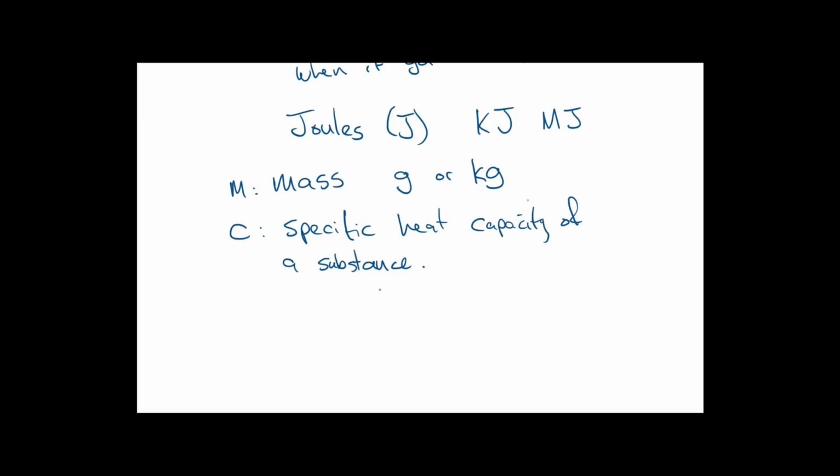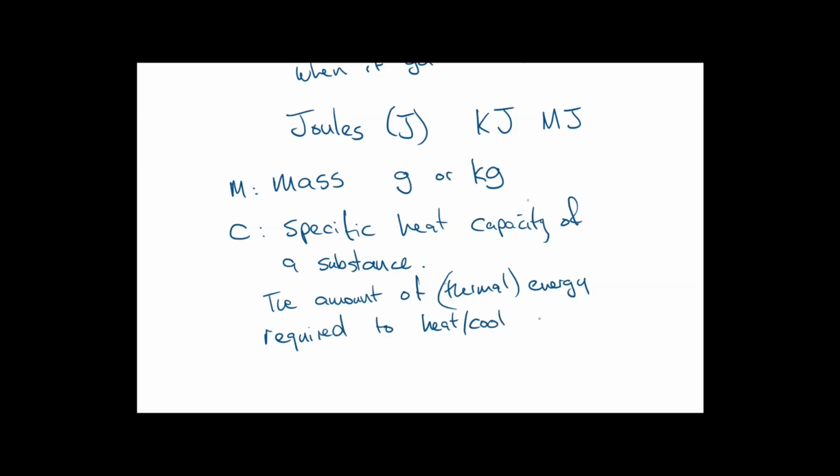So we can define this as the amount of thermal energy required to heat or cool a substance, usually 1 kilogram or 1 gram, by 1 degrees Celsius or 1 degrees Kelvin.